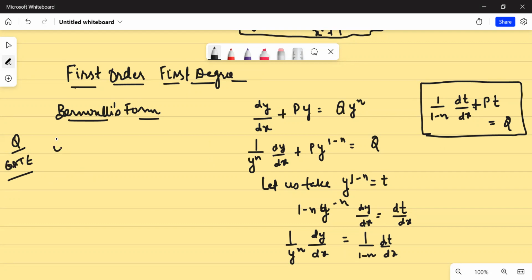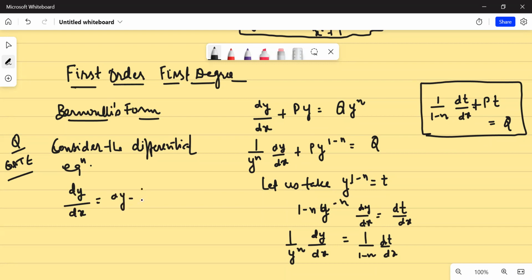So consider the differential equation. Consider the differential equation given by dy by dx is equal to ay minus by square, such that a and b are greater than 0, y(0) is equal to y0.